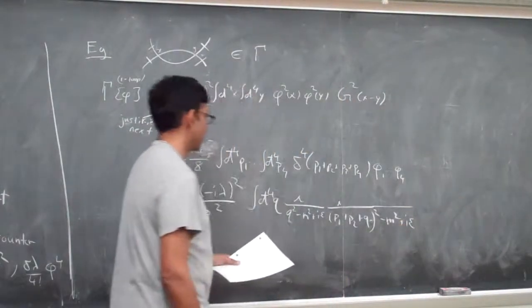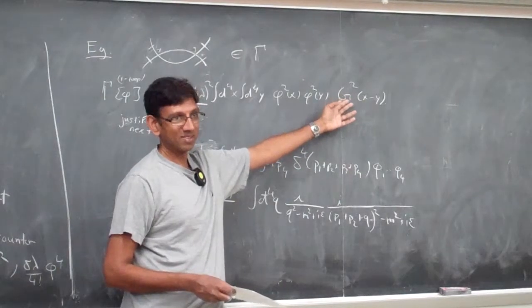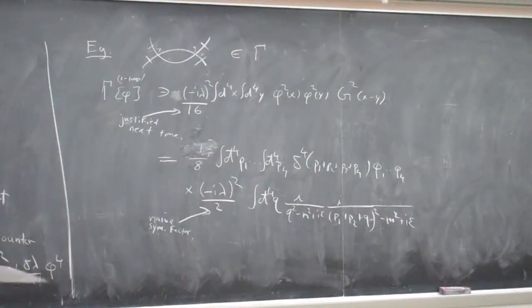And you do that loop, and that is secretly just doing the Fourier transform back to this incredibly simple expression here. But in momentum space, this is what it looks like.